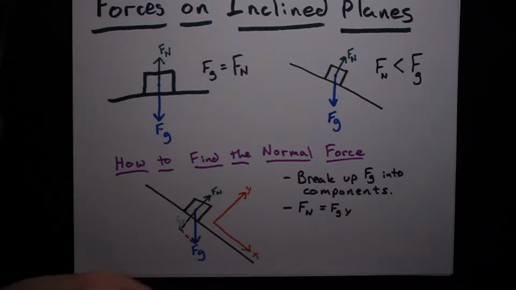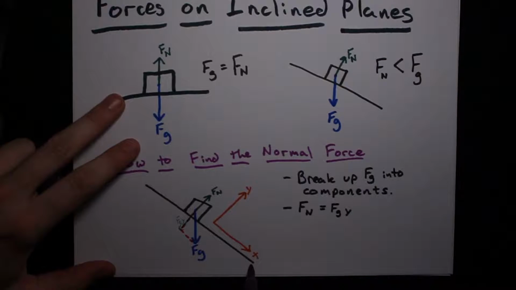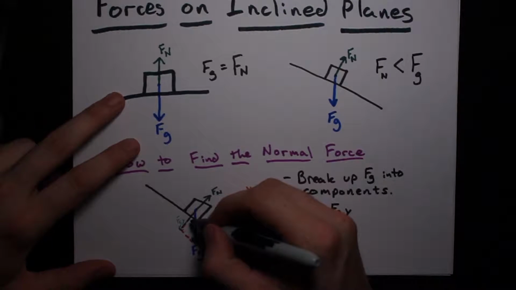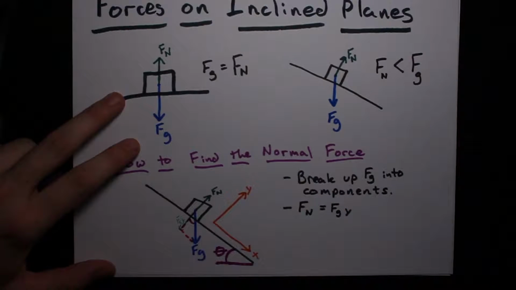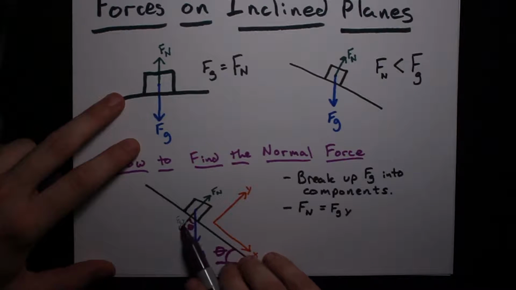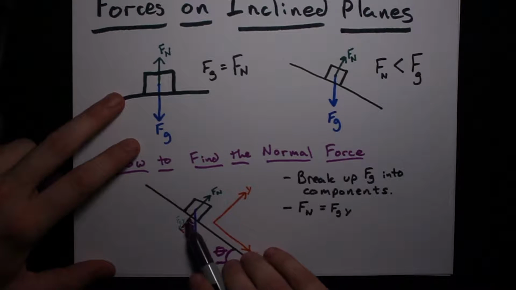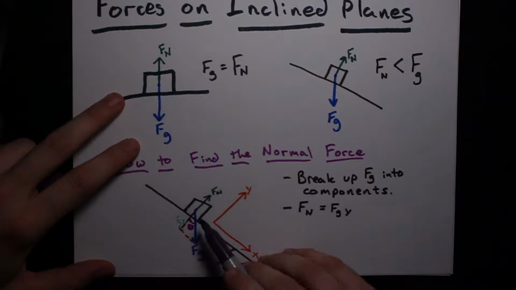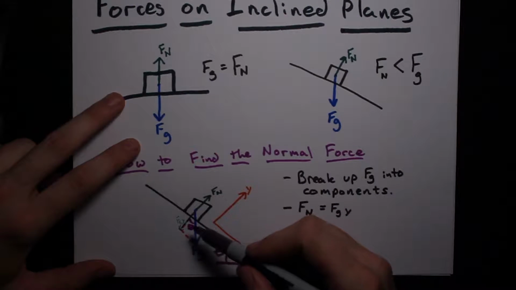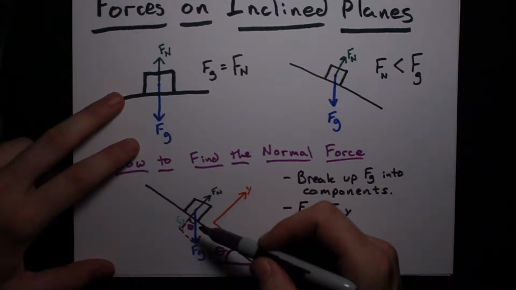So if I were to draw this, and we call this angle here theta, this angle here is actually the same angle up here between these two, because FGY is adjacent to the angle, and we also will know the force of gravity. We can use cosine to find FGY.